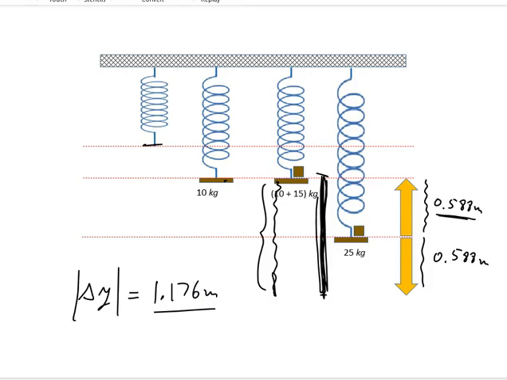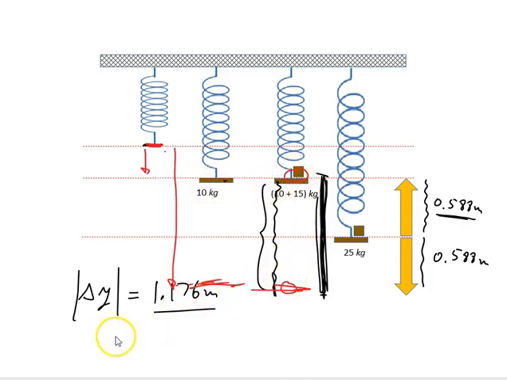Again, if we did not do that, we might have thought to find the true equilibrium and realize that we have spring potential energy, initial and final, which is at that level, plus gravitational potential energy, both initial and final.